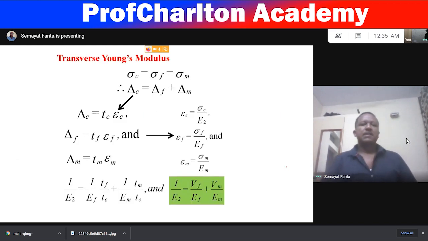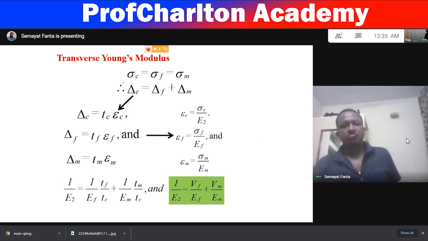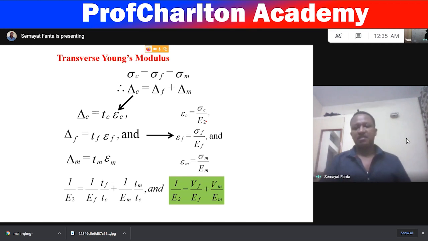So from this, the deformation of the composite is the thickness of the composite times the strain in the composite. And the strain in the composite is equal to the stress in the composite over E2. This is in the transverse direction actually.